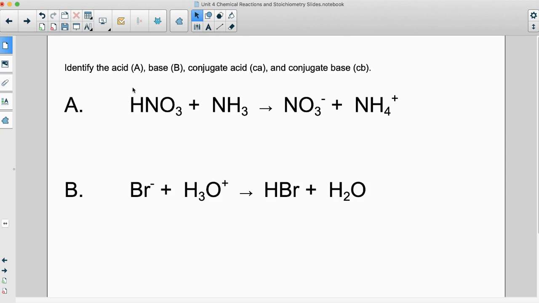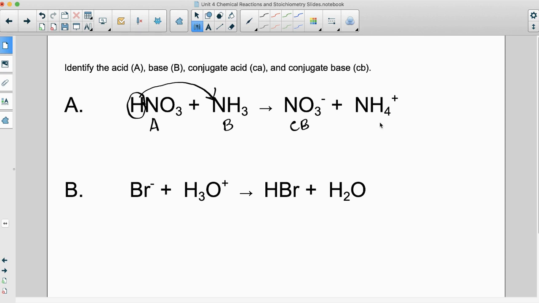And the H plus here is being donated to the NH3. So HNO3 is donating a proton. It is the acid, and it donates to the base. HNO3 becomes NO3 minus, which is the conjugate base of HNO3. NH3 becomes NH4 plus. This is its conjugate acid.